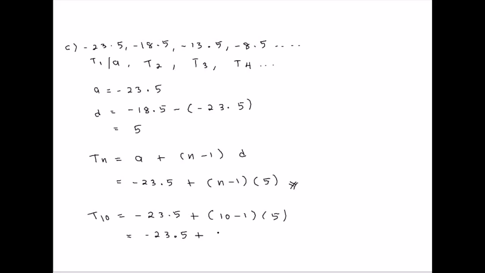Okay, 10 minus 1 is 9. You can straight away use your calculator. Negative 23.5 plus 9 multiplied by 5. So the answer for T10 is 21.5.